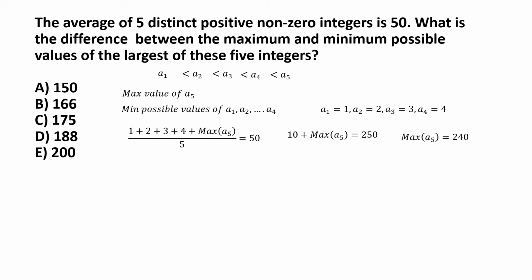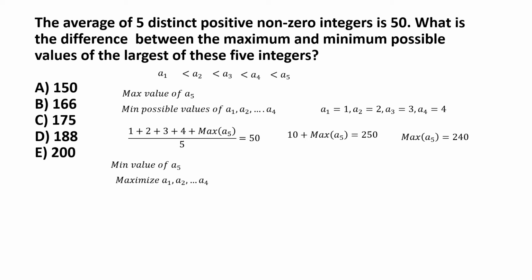So next we'll consider the other end of the spectrum, which is the minimum value of a5. This is the minimum possible value. And remember, a5 is still the largest of those 5, right? We're just finding the minimum possible value of a5. And the strategy there seems to be finding a way we can maximize a1 through a4, right?